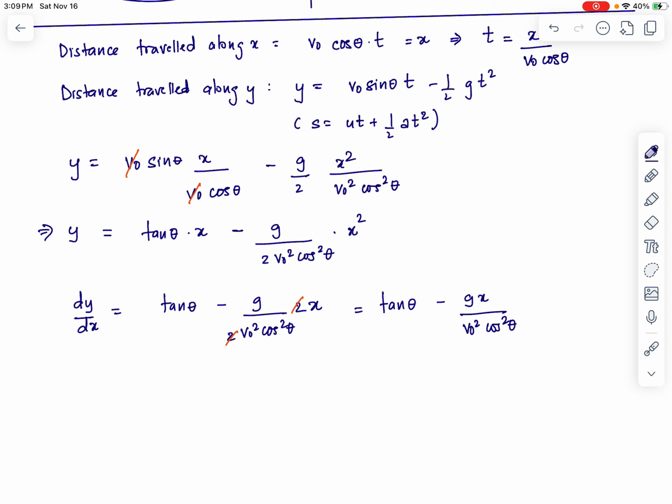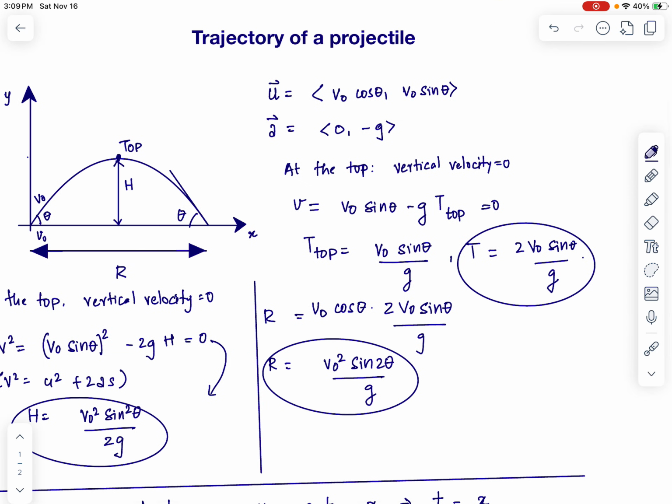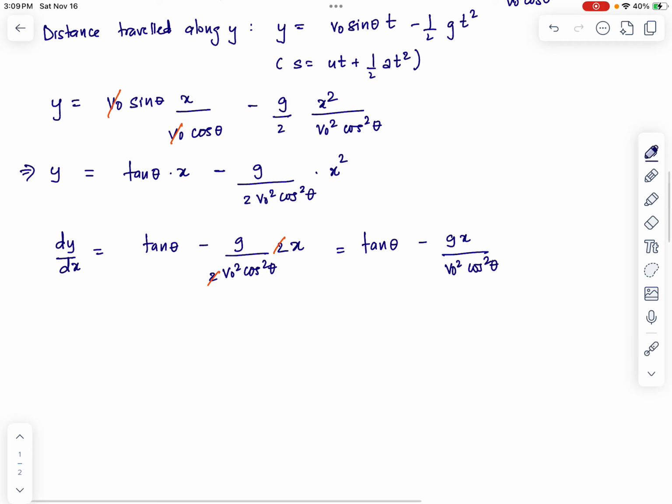Right. Now at the very top the slope is 0. So dy by dx equals 0 at the top. Therefore tan theta equals gx divided by v0 square cosine square theta.